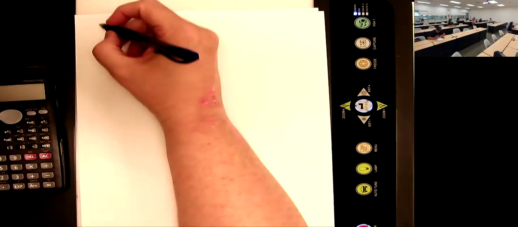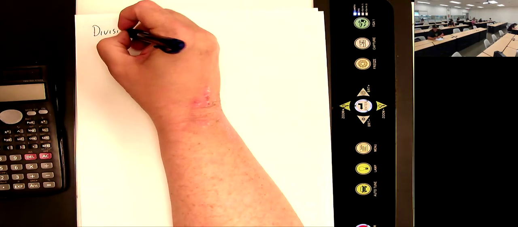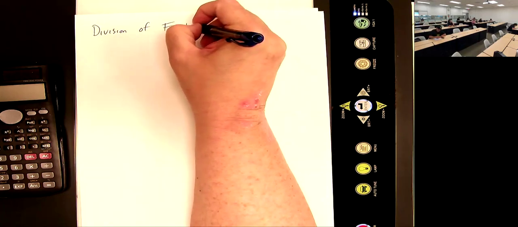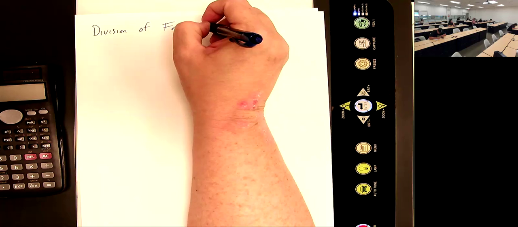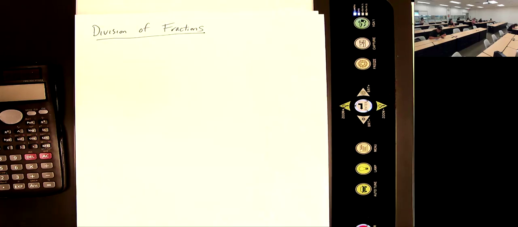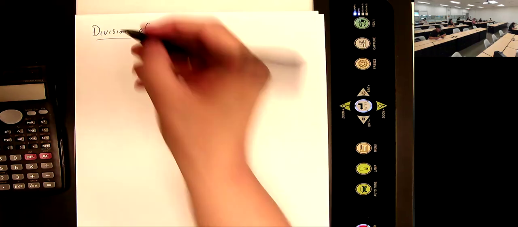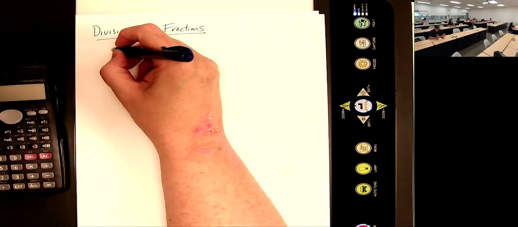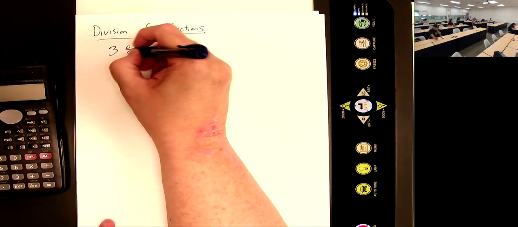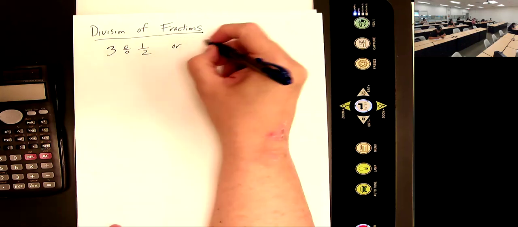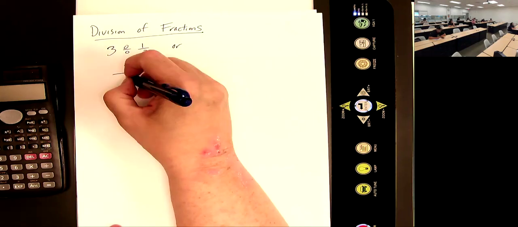Division of fractions. How can I divide 3 divided by 1/2? Or 3 over 1/2?